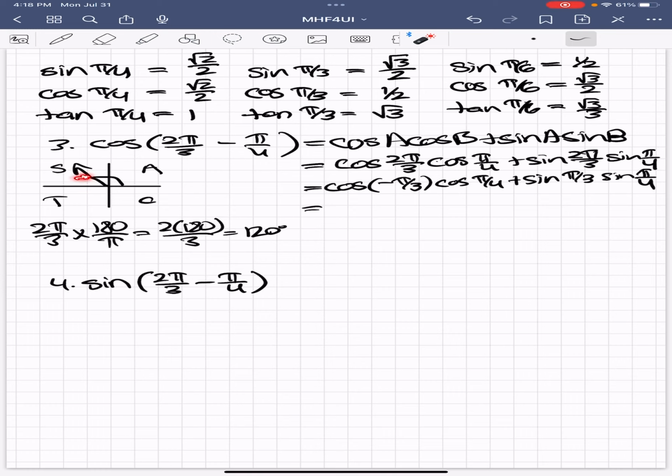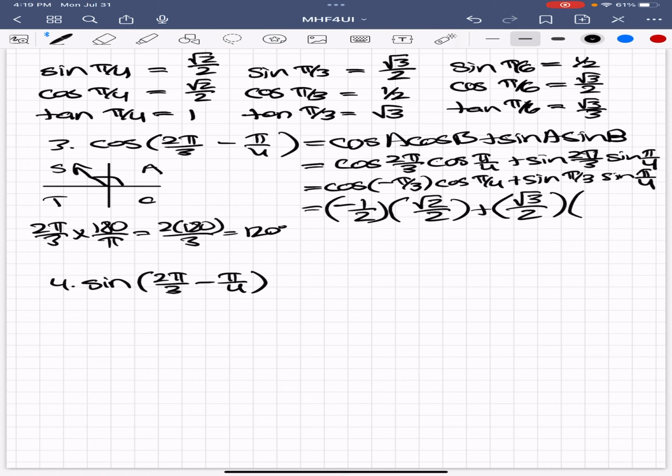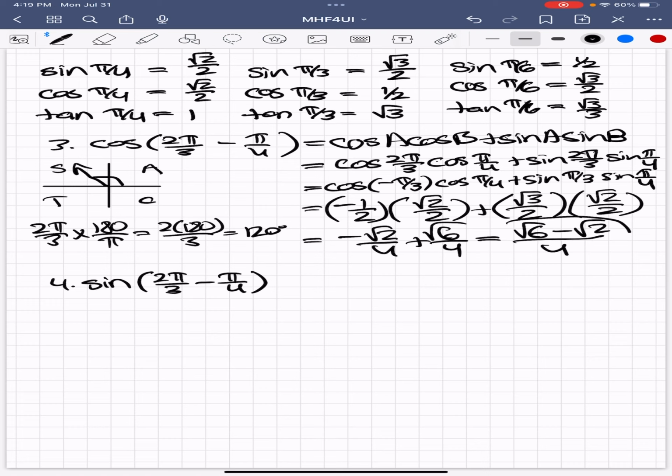So when we're determining the exact value, it's going to be positive for sine and negative for cos. And there's our answer.